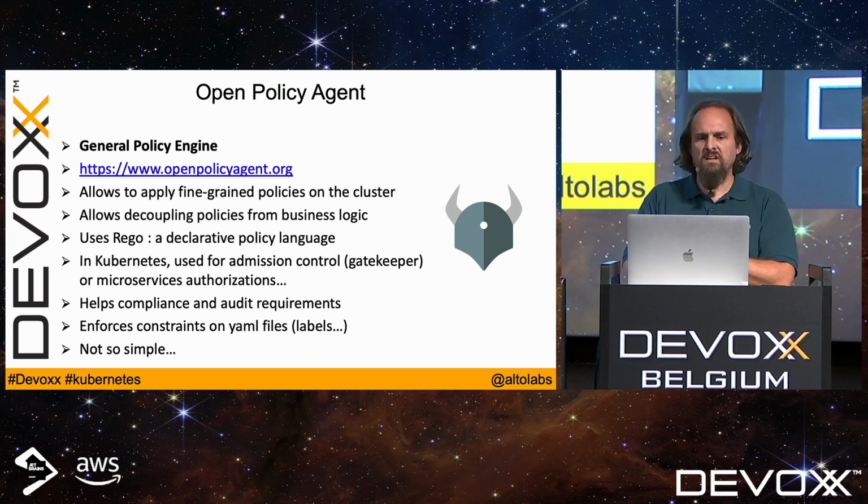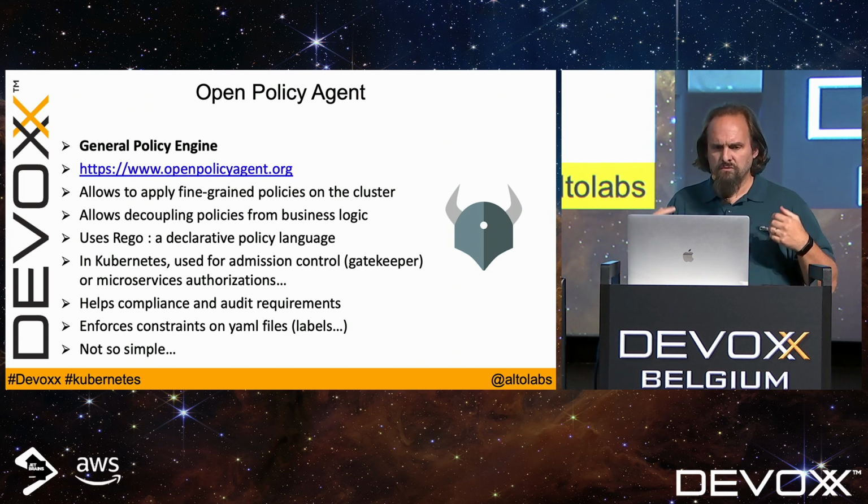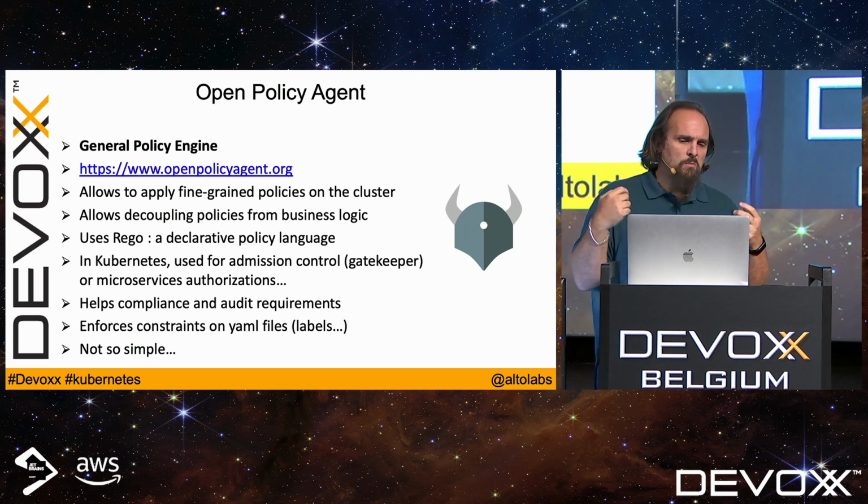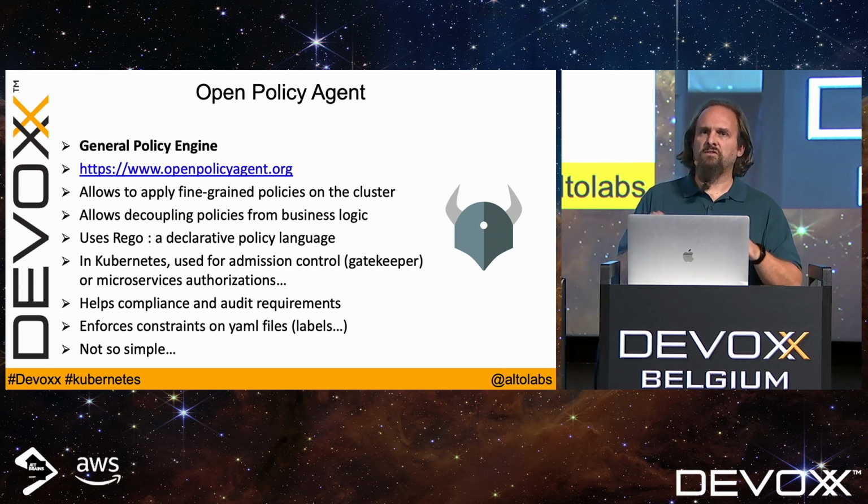It's a policy engine that allows you to apply policies on the cluster at different levels by decoupling the policy from the business logic. You don't have to take care of the policies inside your code. It uses a language called Rego, which is a declarative policy language to define new policies. And in the context of a Kubernetes cluster, it uses a component called Gatekeeper.